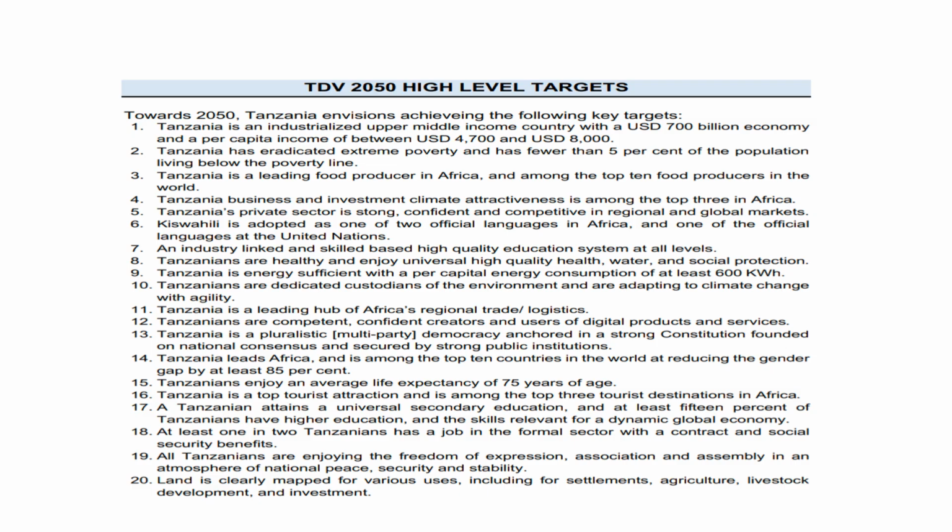And then number 12, I was looking for that. Tanzanians are competent, confident creators and users of digital products and services. I think this is the one that really resonates with us. Number 12. Tanzanians are competent, confident creators and users of digital products and services. So in our model, number 12 is what we are contributing to. In 2050, that is where Tanzania wants to be.